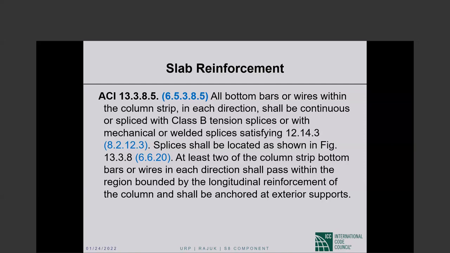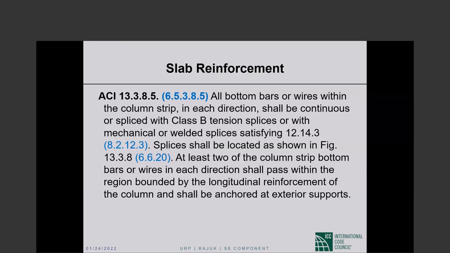The idea is if something happens, if there is extraordinary loading or a column gets knocked out or something, the slab should keep on hanging in place. It is not expected that everything will be the same as before the column got knocked out, but our expectation is that the slab should not end up on the ground or on the floor below. It should be hanging in place.